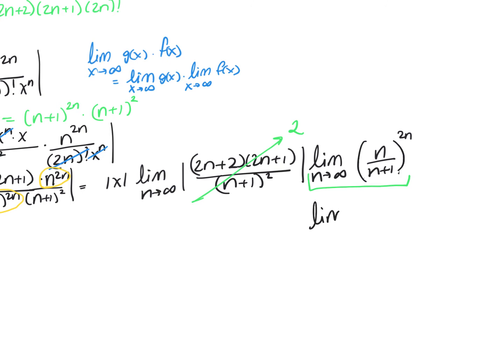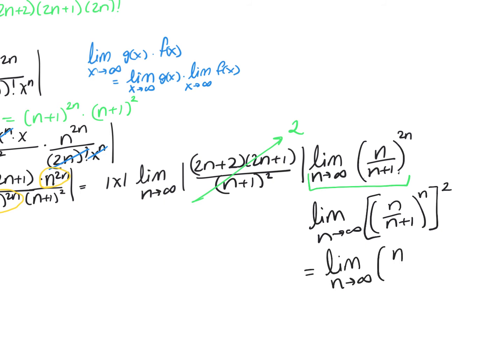The limit as n goes to infinity of n over n plus 1 raised to the n, the quantity squared, is equal to the limit as n goes to infinity of n over n plus 1 raised to the n, the quantity squared, because the limit laws allow me to do that. But this is equal to 1 over e.